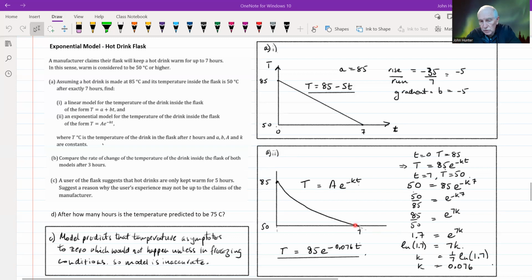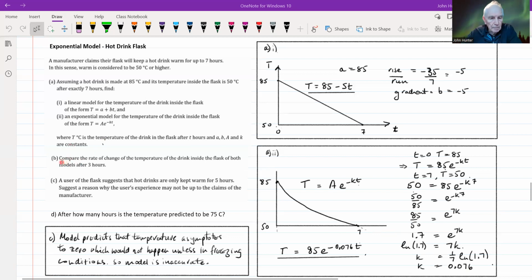So it actually crosses this time axis at this point here. So our full model, now we know A and k, is temperature equals 85 e to the power of minus 0.076 times little t. So that is that.